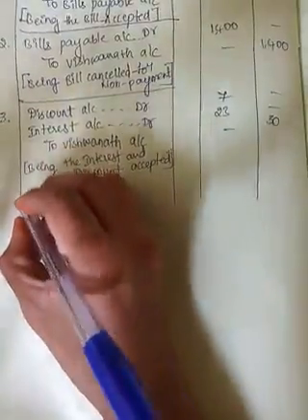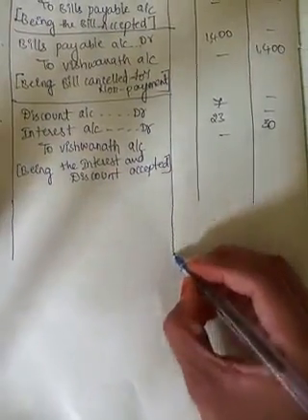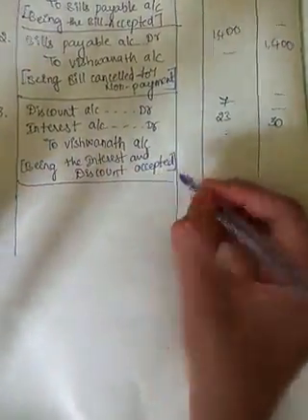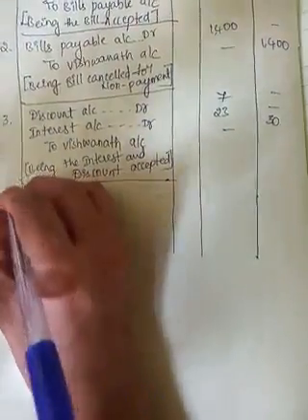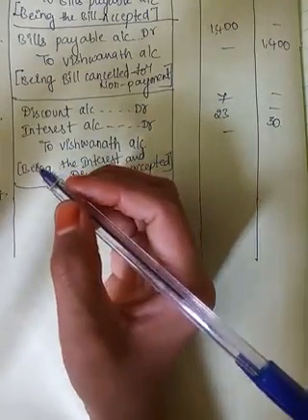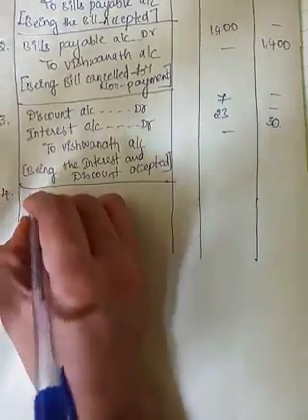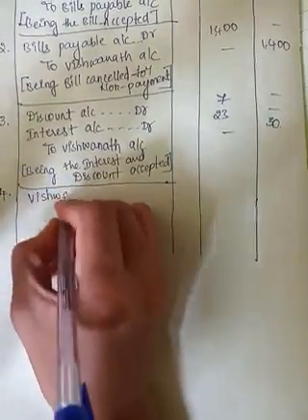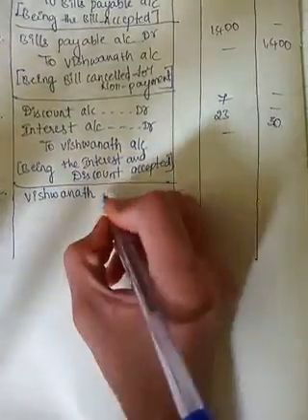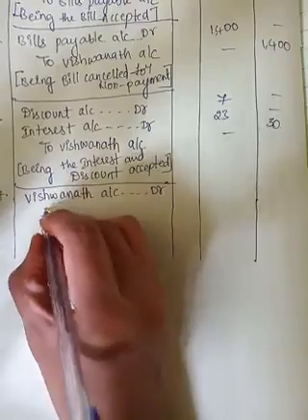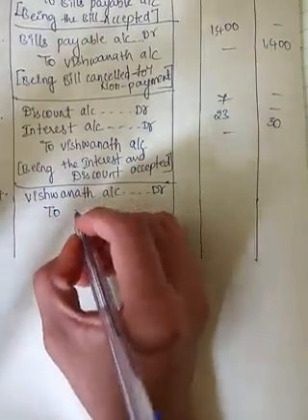So in the books of Vishwanath, entries: he accepted that new bill now. So for that we will write the entry: Vishwanath account debit to bills payable account.